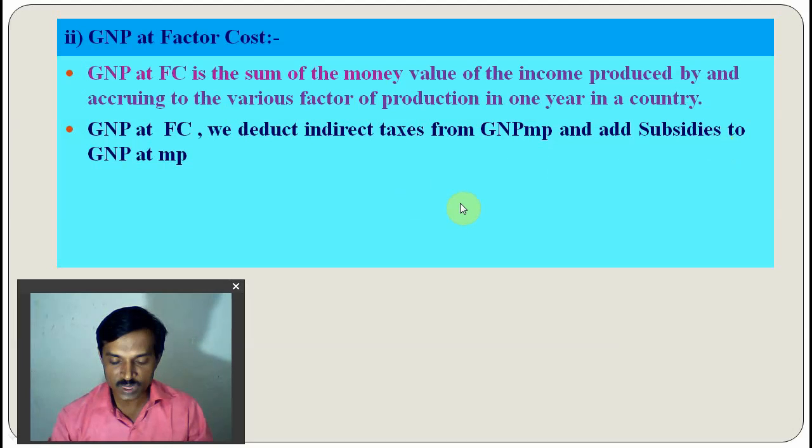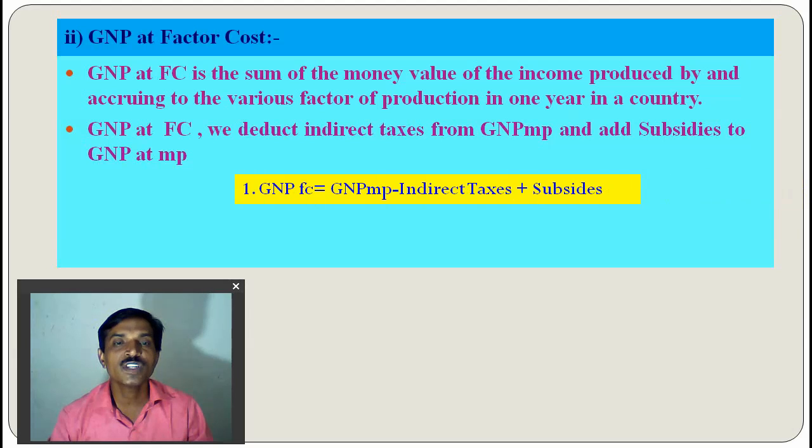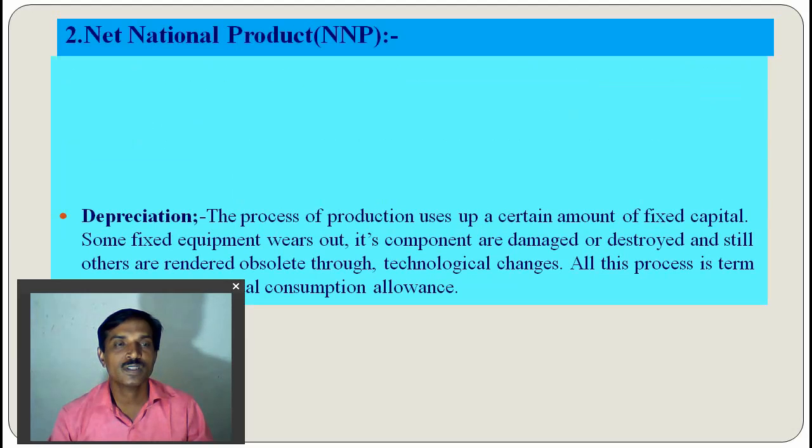So GNP at factor cost is equal to GNP at market price minus indirect taxes plus subsidies. So GNP at factor cost is equal to GNP at market price minus indirect taxes plus government subsidies.